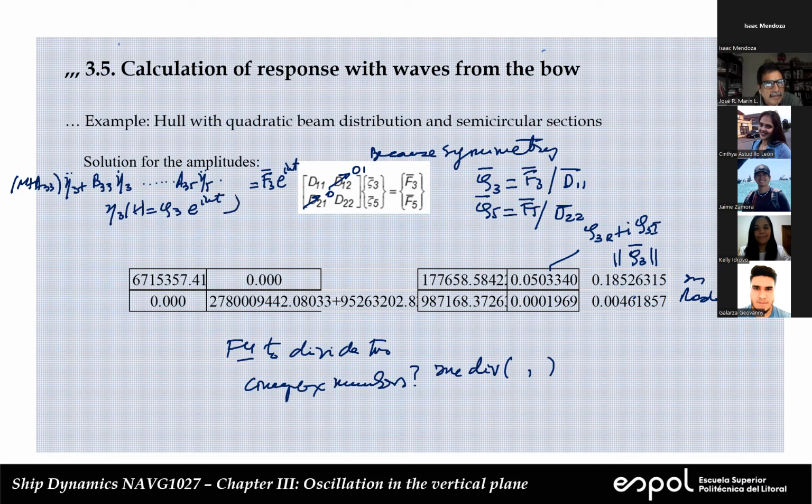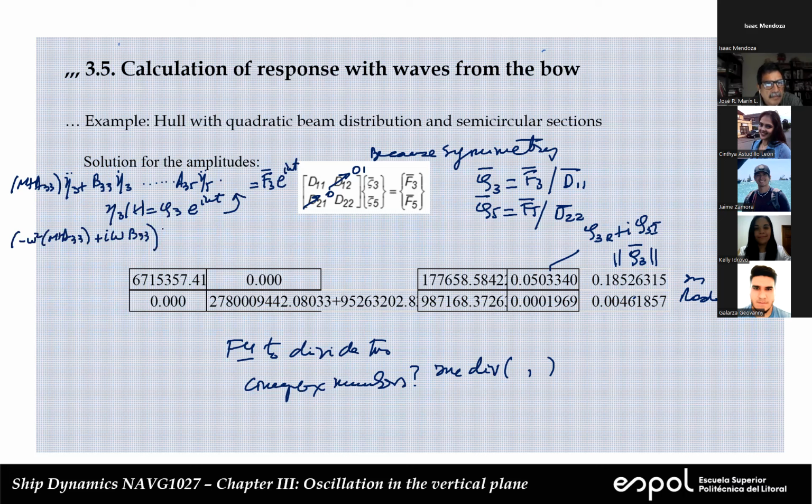We replace into here, and you see that here I have minus omega squared, but it's a real term. This produces an imaginary term, right? So in general, these here are multiplied by eta 3, by this one here. So I have minus omega squared (m plus A33) plus i omega B33.